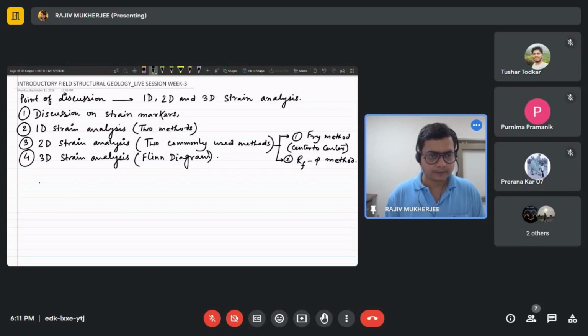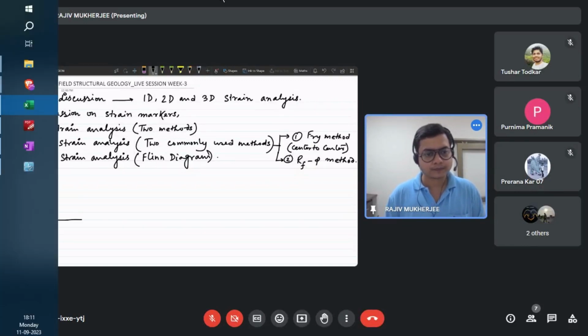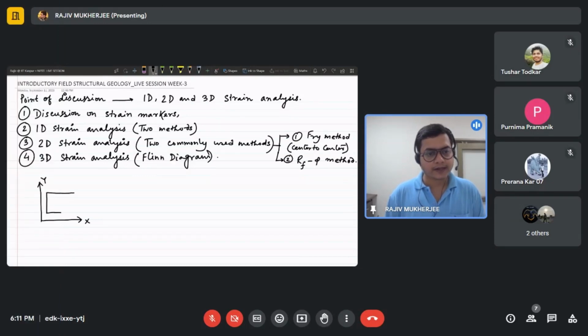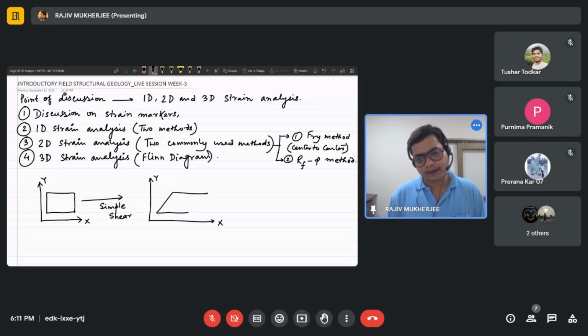So you have a square or rectangle like this, and you have applied simple shear on that object, and after a considerable amount of shearing, you see that the shape has been transformed to somewhat like this, right?